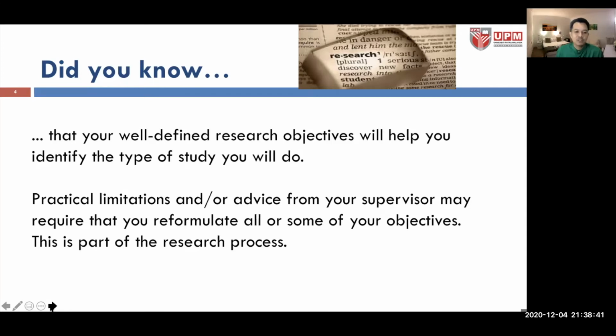And this is part of the research process, meaning that you can be very ambitious in the writing or the statement of the research objective, but it depends on your supervisor, whether your supervisor will agree or not, or whether the supervisor has enough resources to support your objective. And then of course you may redesign or reformulate your objective.